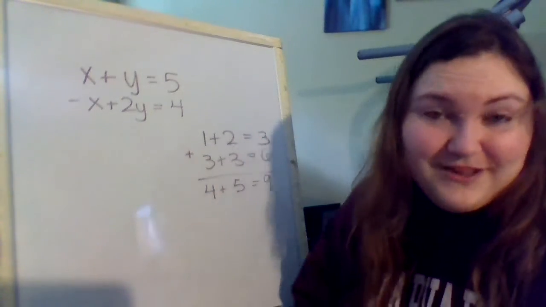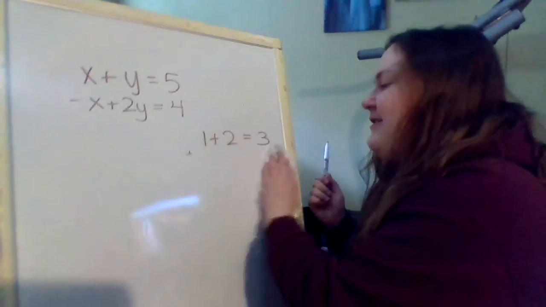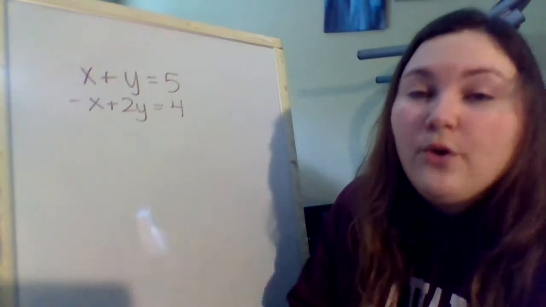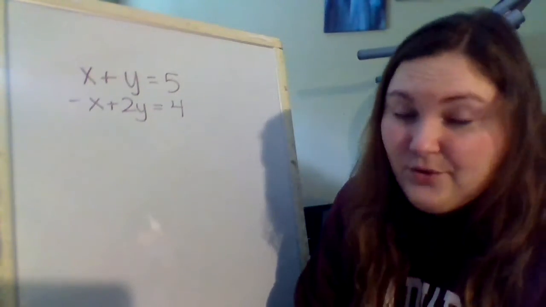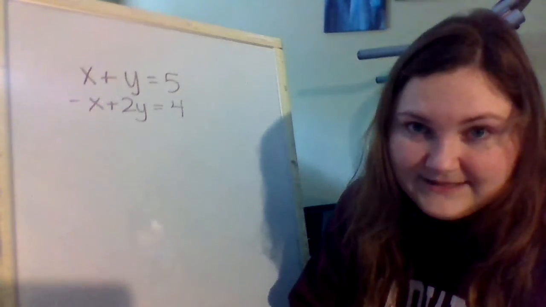Now, the reason I show you that, it's a neat little trick you can do in math, but it helps us with this last method, solving by elimination. The goal of solving by elimination is to add the equations in a way that either x eliminates or y eliminates.